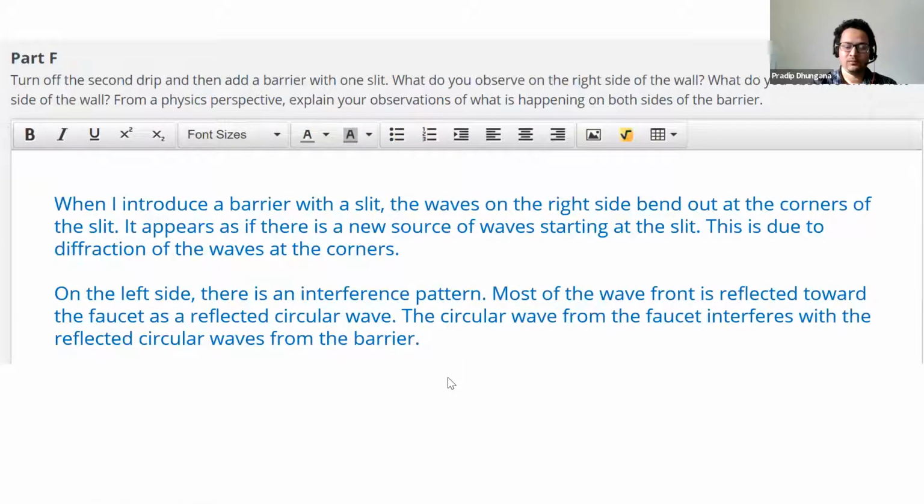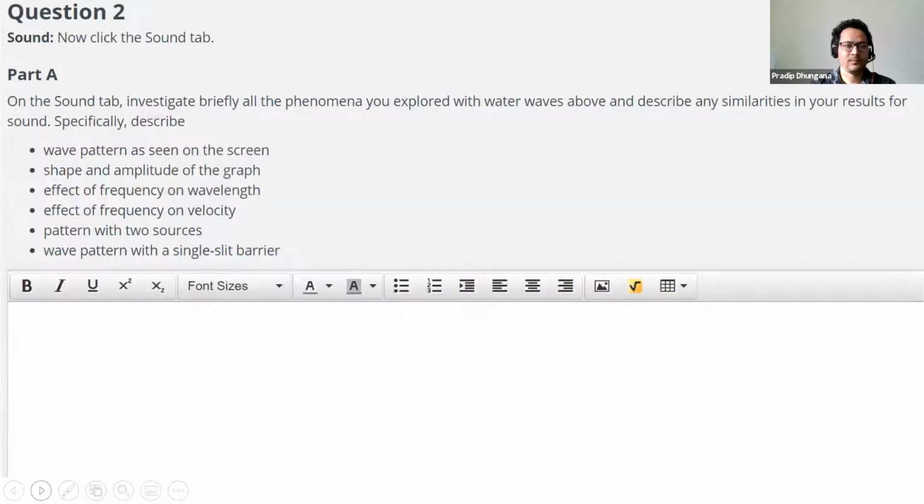Now let's go to question 2. Question 2 and question 3 are exactly the same. This time you have to click on the sound tab. On the sound tab, investigate briefly all the phenomena you have explored with water waves above and describe any similarities in your results for sound.